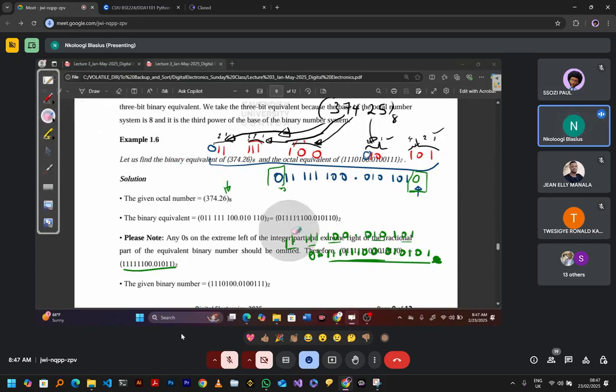If this was a 6, what would change? Let us review our fractional part. What would the 6 be here now? What would the 6 become if this was 6?